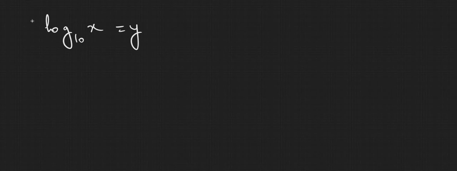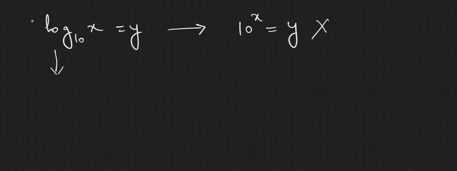Let's say we are given log x base 10 is equal to y, and I tell you that this means 10 to the power x is equal to y. Am I right or wrong? Correct, I'm wrong, because this means 10 to the power y is equal to x, not 10 to the power x is equal to y.